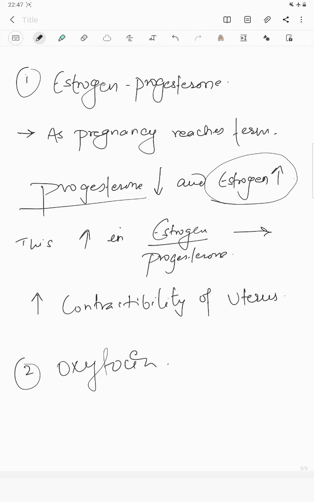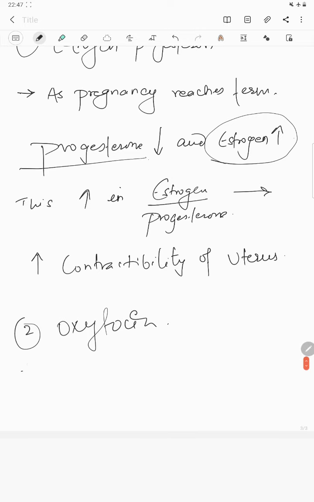Here we can discuss it in 2 points. Oxytocin is a hormone that is produced from the posterior pituitary.